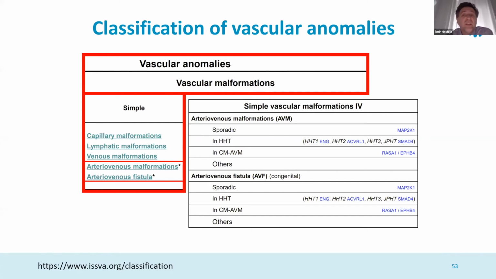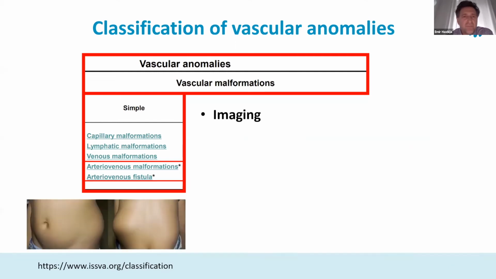And it has been shown that they are also genetically determined. And then you have arteriovenous malformations in the frame of hereditary hemorrhagic telangiectasia, or in the frame of capillary malformation-arteriovenous malformation syndrome. Or you have arteriovenous malformations which you cannot classify into these groups, and then they would be classified under others.